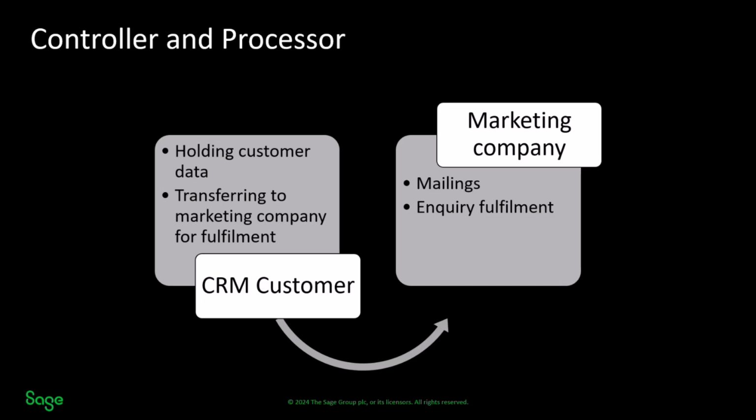Now, Sage CRM obviously holds personal data about customers and prospects. We talked about the idea of being active about it. We have to think that we have that responsibility as an organization. But amongst data, there's two types of data. There's personal data, and then there's sensitive personal data as well.